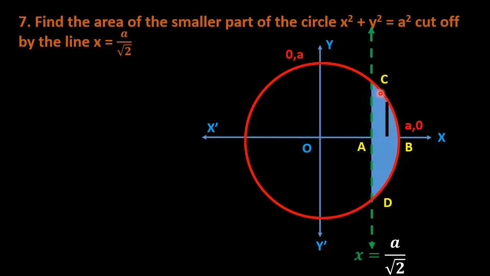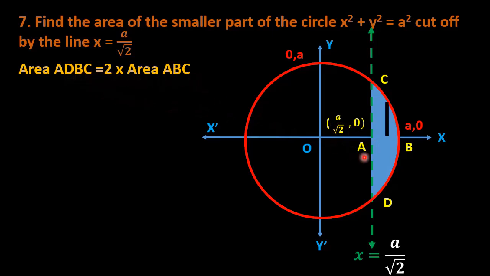So here we have to take the vertical strip, and this point is (a by root 2, 0). So the area ADBC equals 2 into area ABC, which equals 2 times an integration.